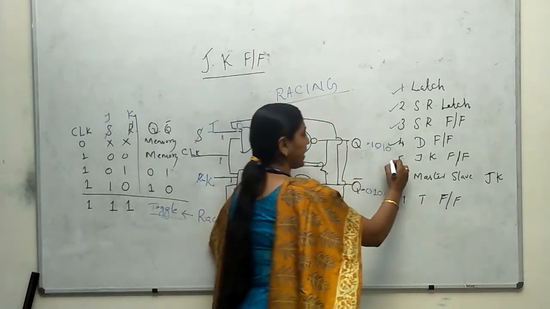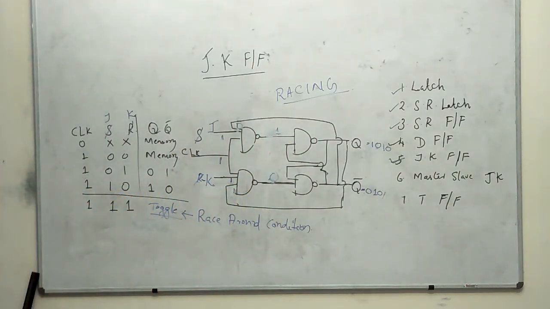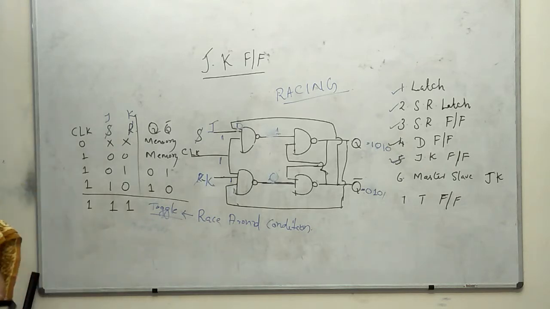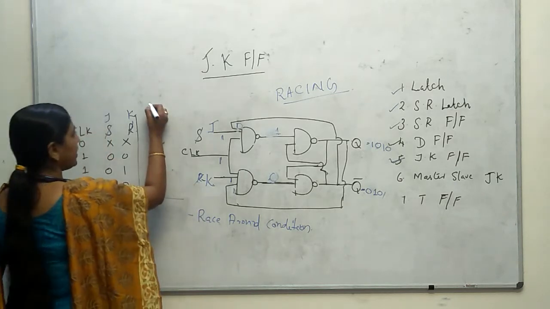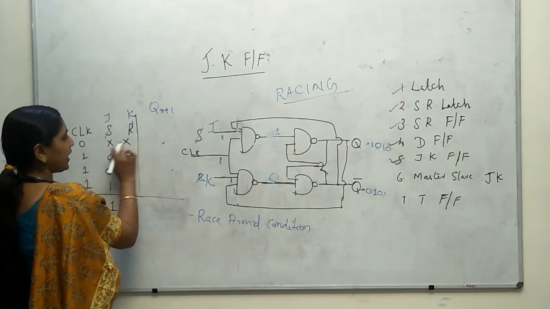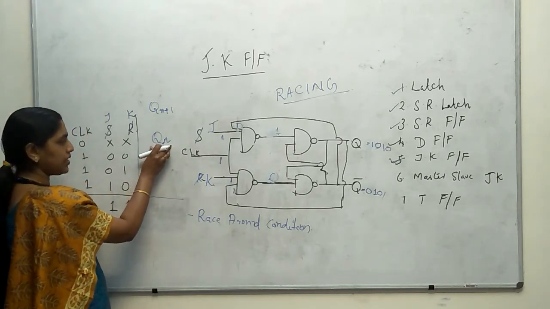So we have discussed what a JK flip-flop is. Now, if I take the next state of the system when clock is equal to 0, with both inputs don't care, the previous state will remain in the system, whatever the previous Q is.